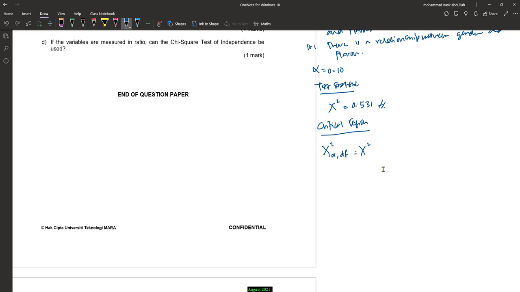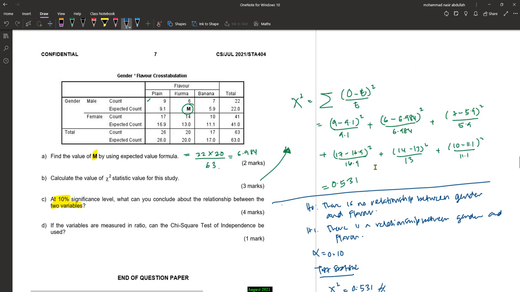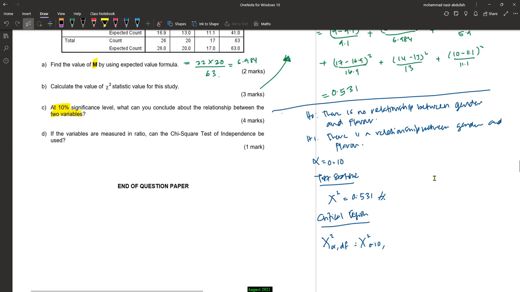So chi-squared 0.10. How do we calculate the degrees of freedom? Number of rows minus 1 multiplied by number of columns minus 1. The number of rows is 2, minus 1 is equal to 1, multiplied by the number of columns, 3, minus 1 is equal to 2.